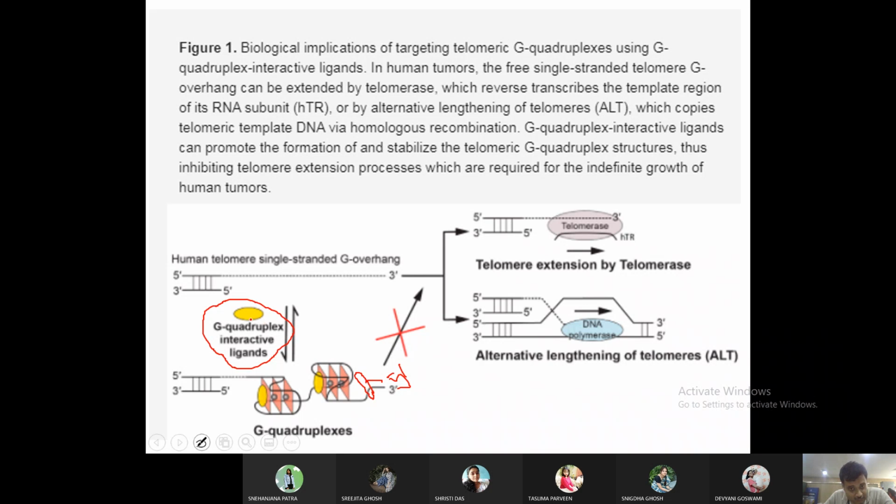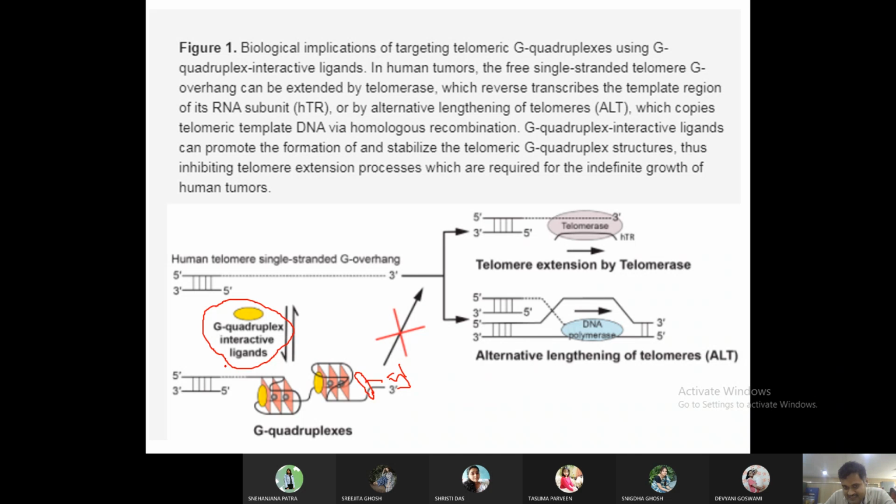So if the G quadruplex is bound by this binding protein, the stability increases even further, so much so that a very powerful enzyme, which you can compare with an 8-wheel Tata lorry, when it comes across the DNA strand, has difficulty flattening them.